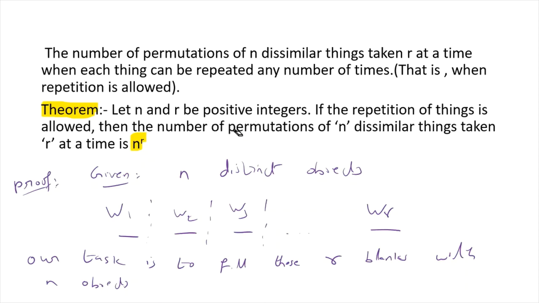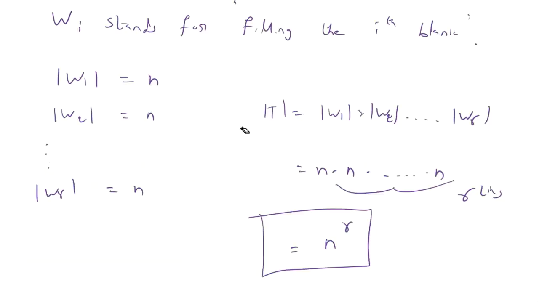When repetitions are not allowed, there is a constraint that r should be less than or equal to n. But here there is no restriction on n and r. The number of permutations of n distinct objects taken r at a time is going to be n power r when repetitions are allowed.